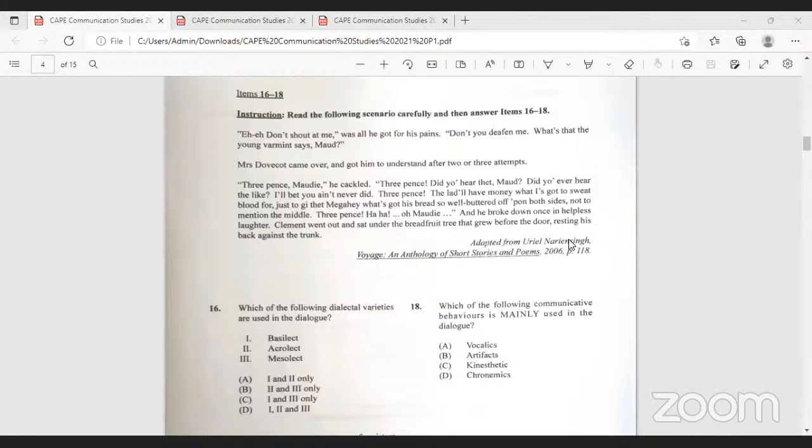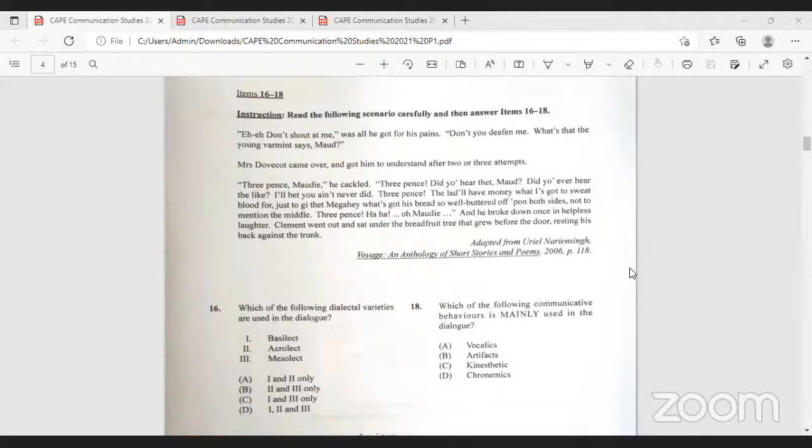It means don't shout at me was all he got for his pains. Don't you definitely. What's that the young varmint says, Maud? Mrs. Dovecot came over and got him to understand after 2 or 3 attempts. 3 pence, Maudie, he cackled. 3 pence. Did you hear that, Maud? Did you ever hear the like? I'll bet you ain't never did. 3 pence. The lad'll have money.